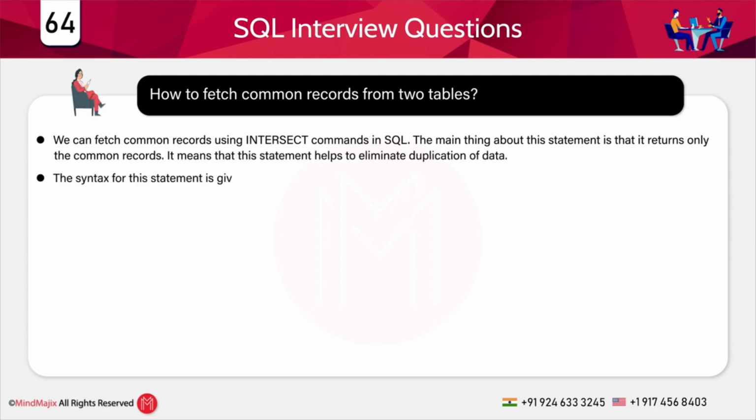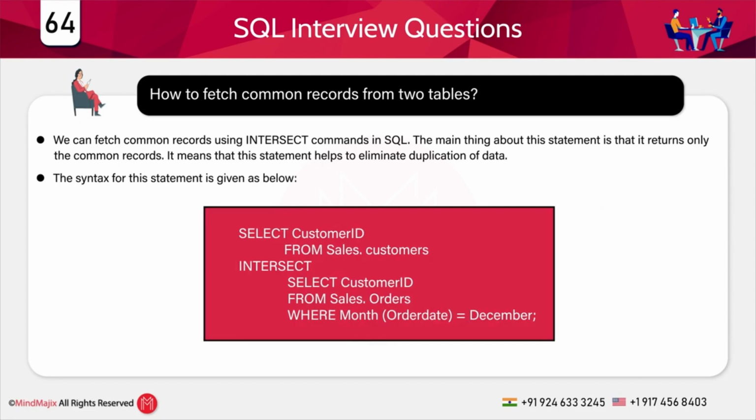Now if you talk about the syntax, as you can see on the screen, this is an example that we have used over here. Select customer ID from sales.customers, and here we are using this intersect. And what do you mention in intersect?